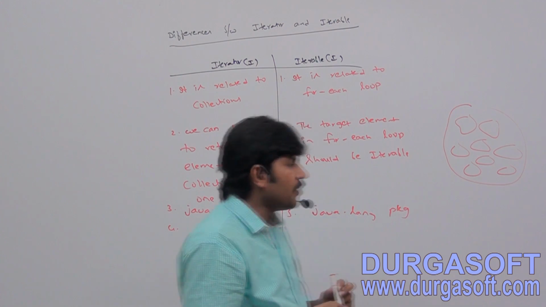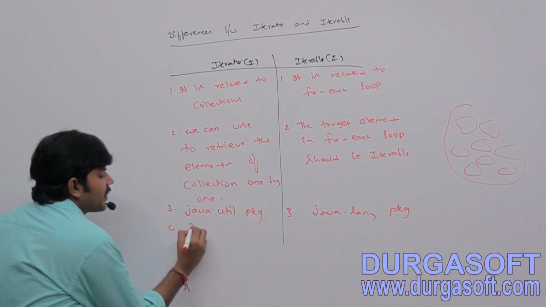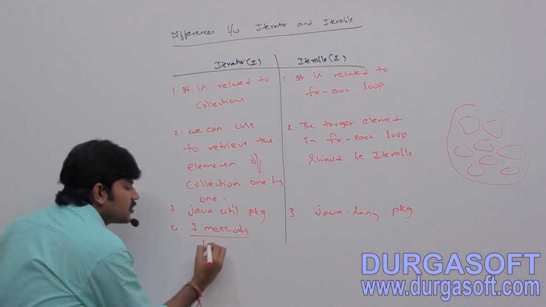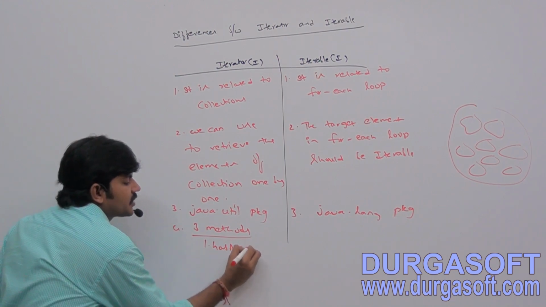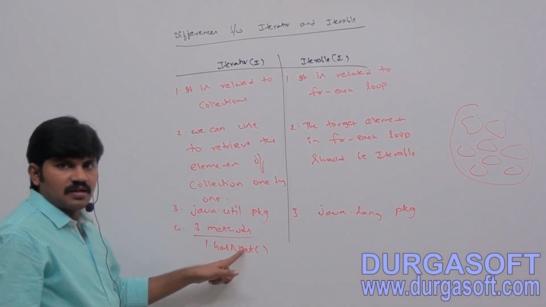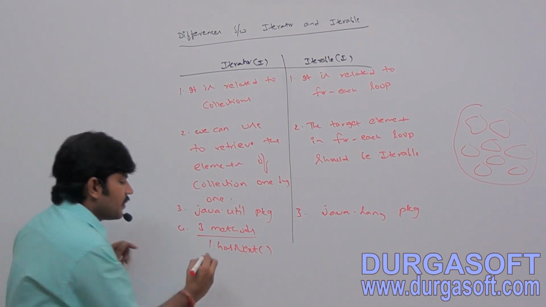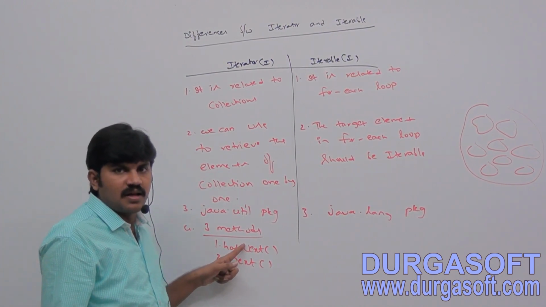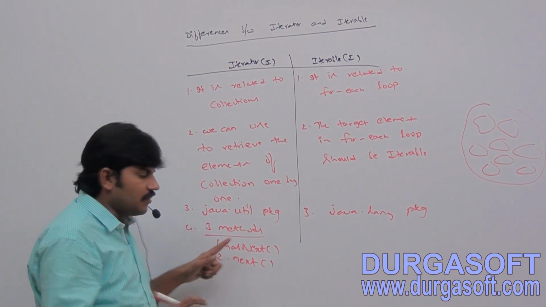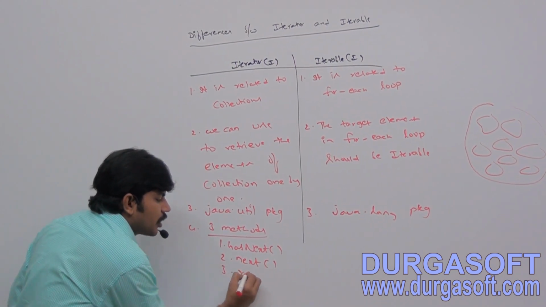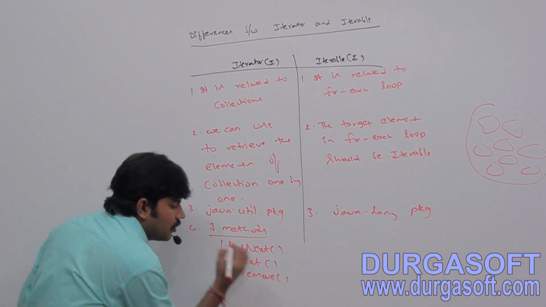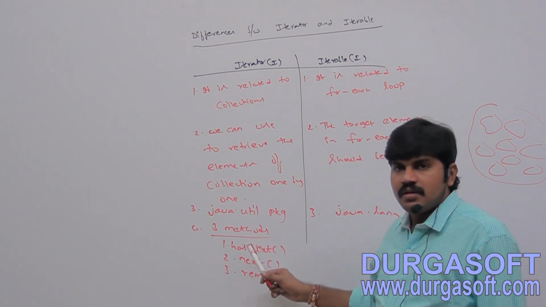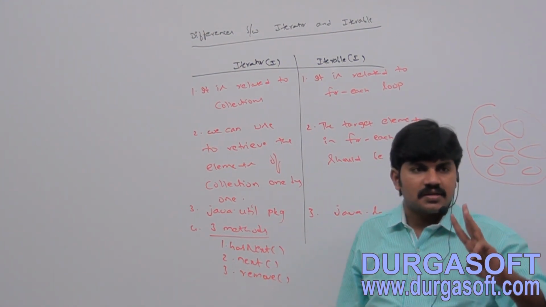Just remember how many methods are in iterator. Three methods are there: hasNext, next, and remove.